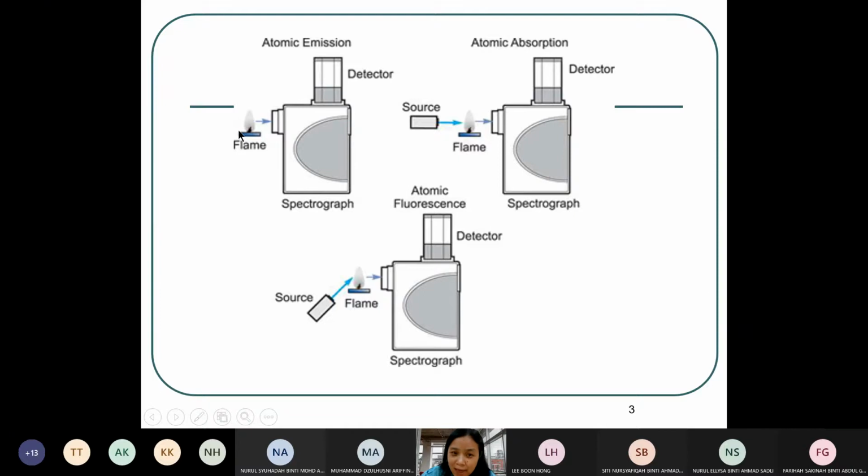If we use flame, arc and spark, it is so difficult for us to control the temperature, and hence it will affect the population of the excited atoms, right? And it will affect the signal detection, the electromagnetic radiation, by the detector. And hence, in order to solve this problem, we need an internal standard.